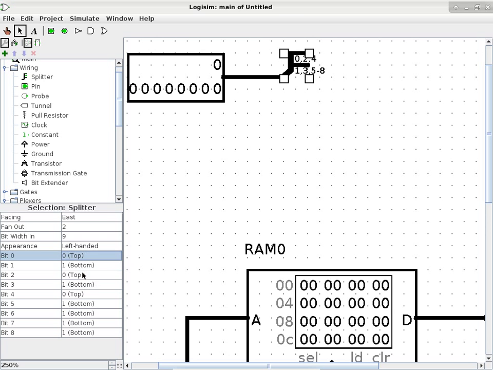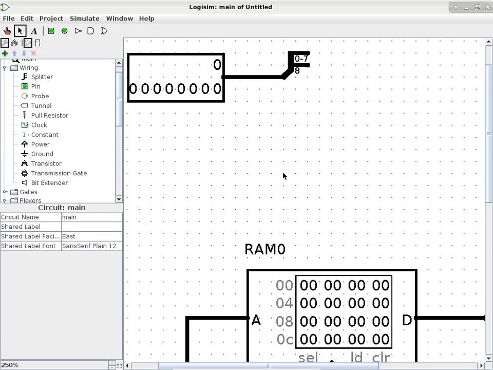Well, I suppose we can do the reverse. Everything belongs to the top except for the last one. There we go. So this is a good way to split it because bit 8 is now on its own, having its very own wire. And then all the other wires, bit 0 to bit 7, are in their own bundle.